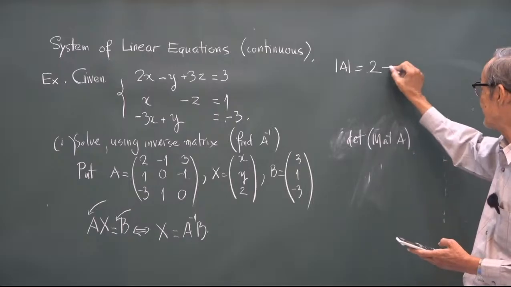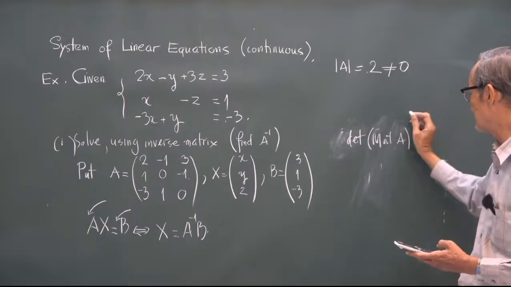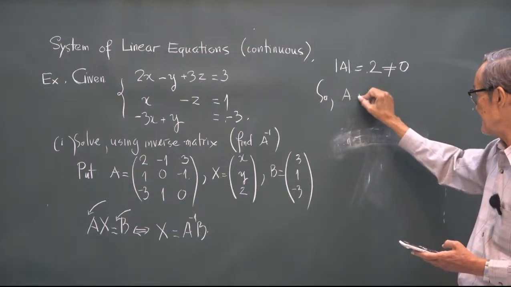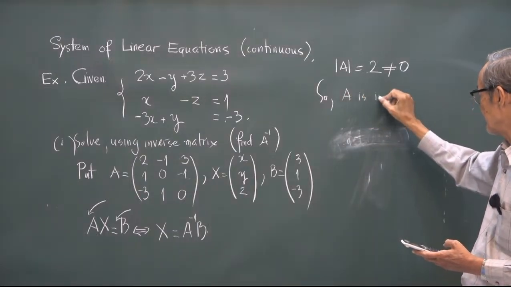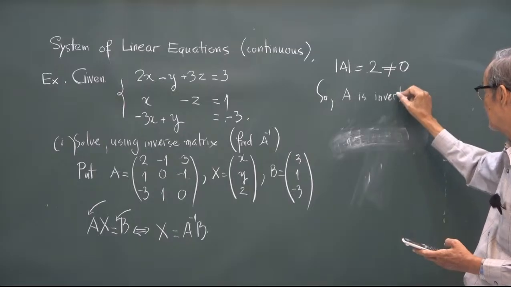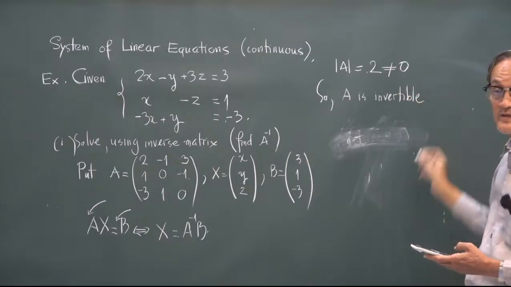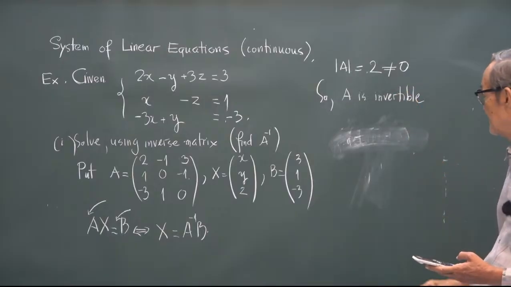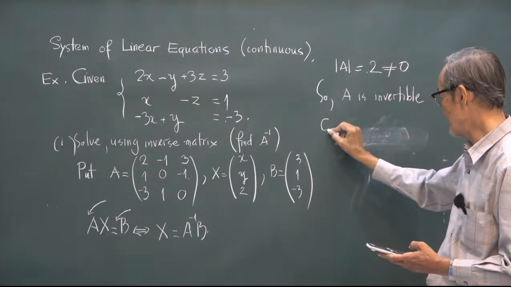Okay. Different from 0. So A is invertible. Now C11, the cofactor.